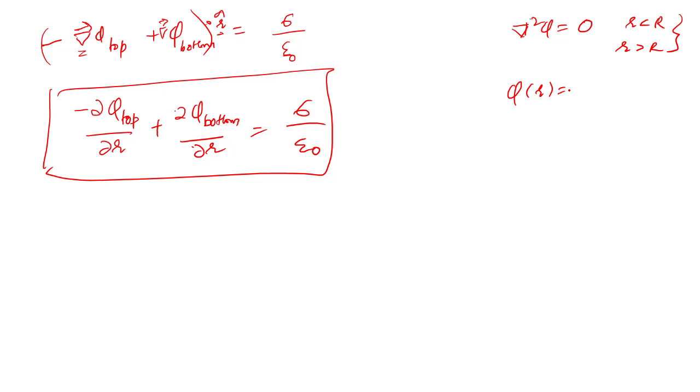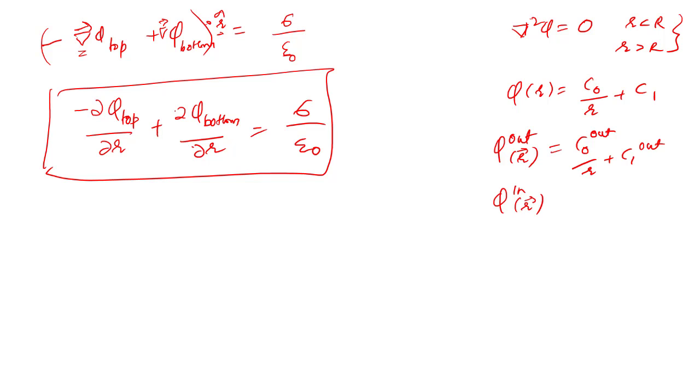We saw that in general phi of r is equal to c0 by r plus c1, and then outside you would have c0 out by r plus c1 out, and inside c0 in by r plus c1 in. And then we set out to find these constants. We had 4 constants, so we set out to determine those 4 constants.